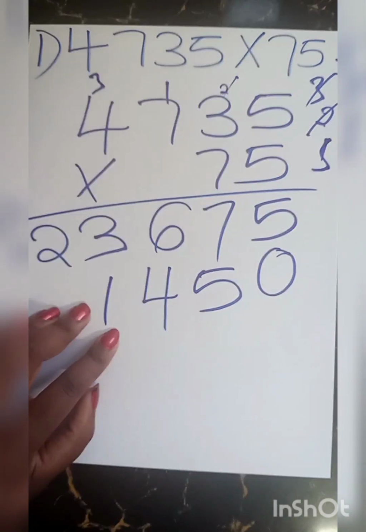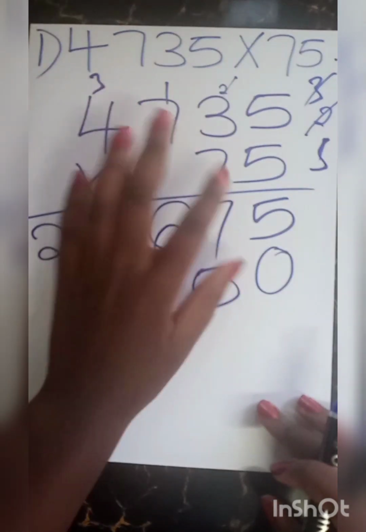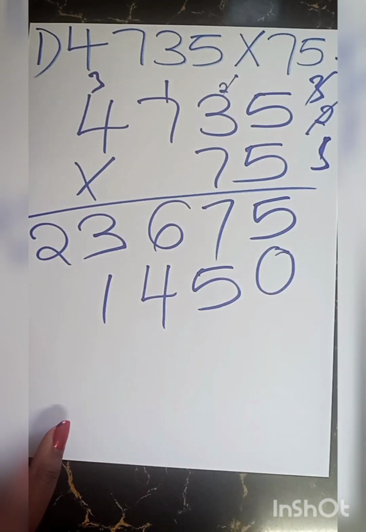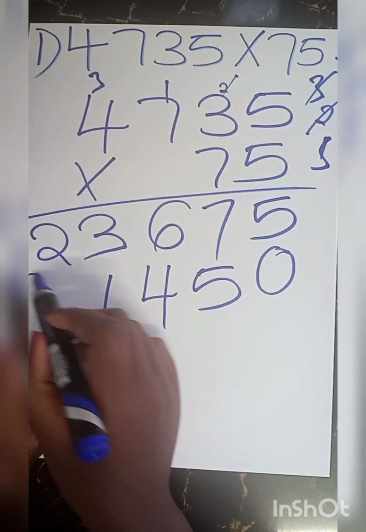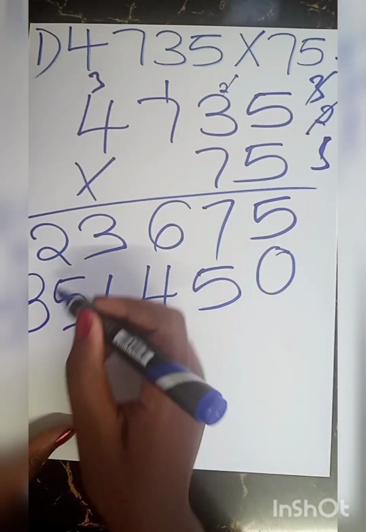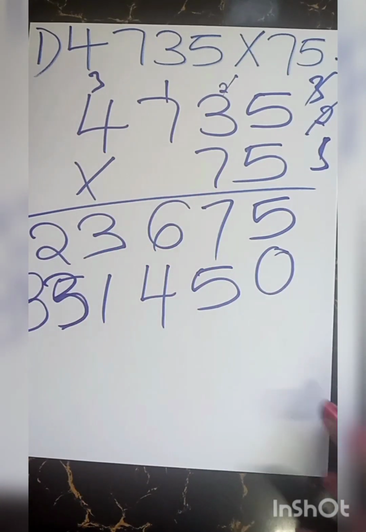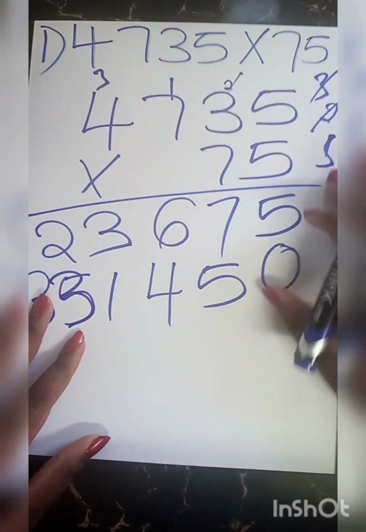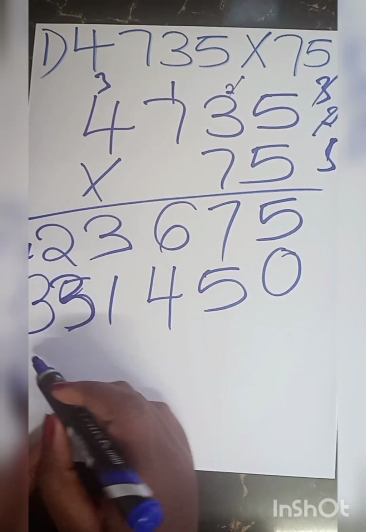The next step will be to multiply this. 4 times 7 is 28. Are we together? 28 plus 5 is 33, not 35. My apologies.